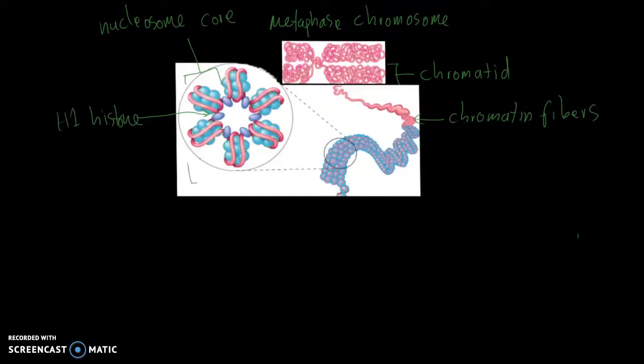And together, this organization is known as a solenoid, and it's measured to be around 30 nanometers in diameter. In addition, this part of the chromatin fiber, when you see it twisting and turning like that, we refer to as looped domains.